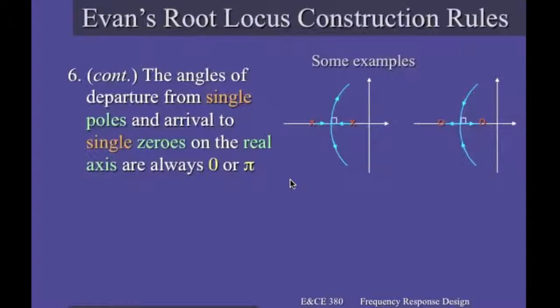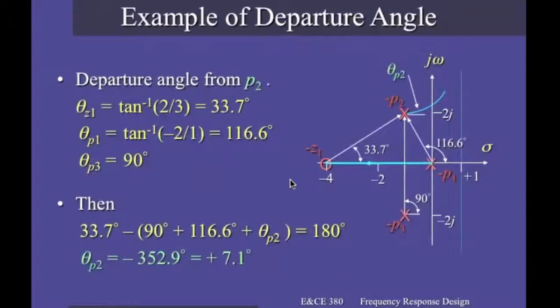The situation is more complicated when departure poles or arrival zeros are complex. Like in this example, we have 3 poles, 2 of them being complex and conjugate, and we have 1 zero.